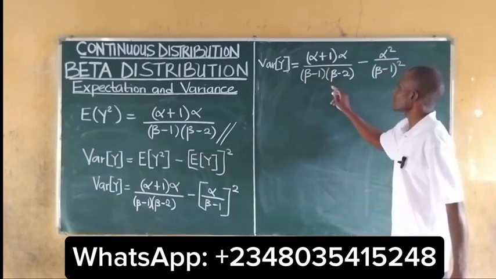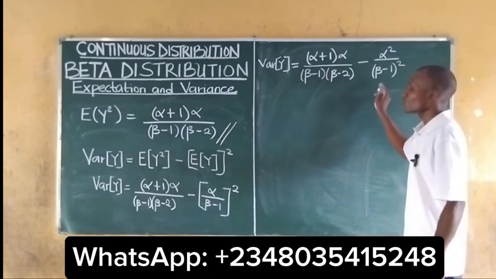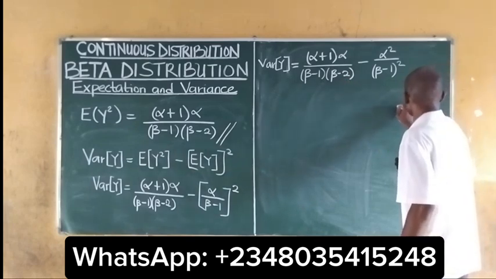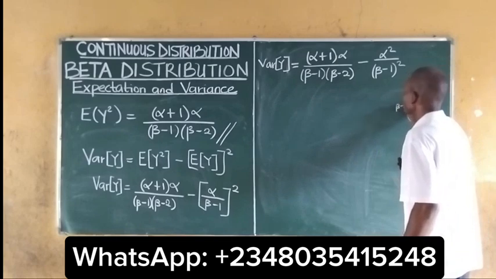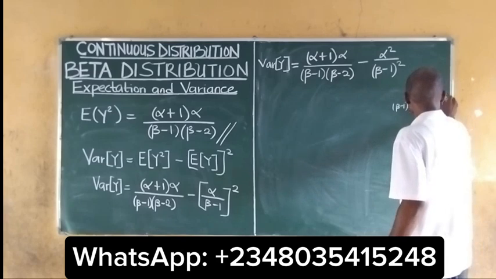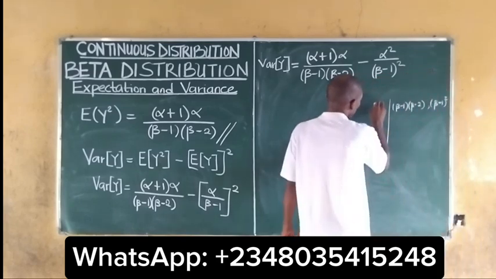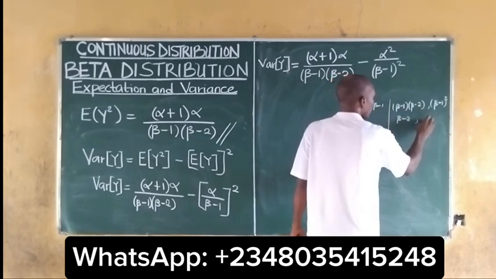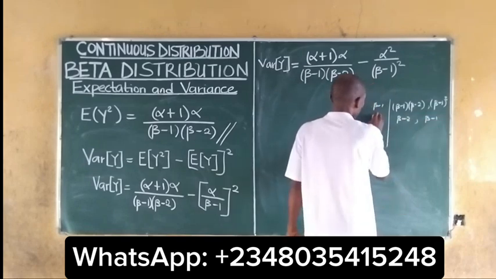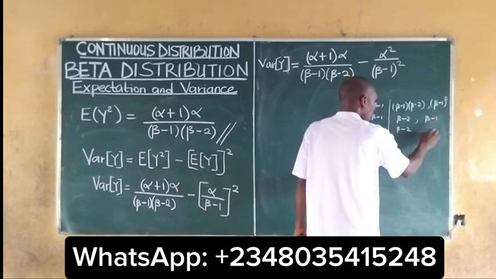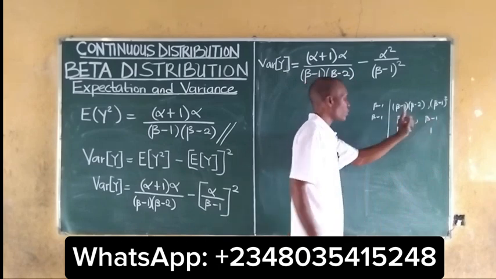So simplifying this, it means we'll find the LCM of this and this. We'll say beta minus 1, beta minus 2, and beta minus 1 squared. If we are looking for the LCM, we use beta minus 1, we'll get beta minus 2 and beta minus 1. We say beta minus 1 again, we get beta minus 2 and 1, because beta minus 1 into beta minus 1 will give us 1.